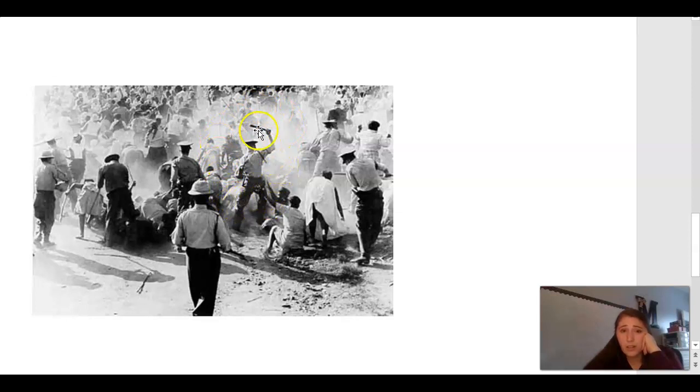He looks like he's in the action of doing something. His arm is up. And he has the same hat as him. And he looks like he has tools or something that he's using to harm somebody. It looks like almost a weapon.